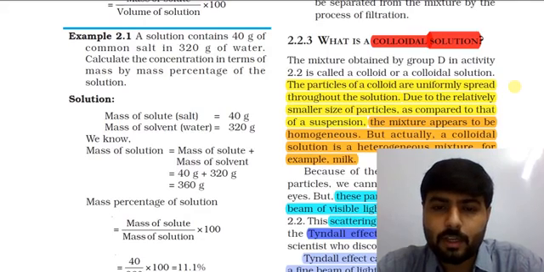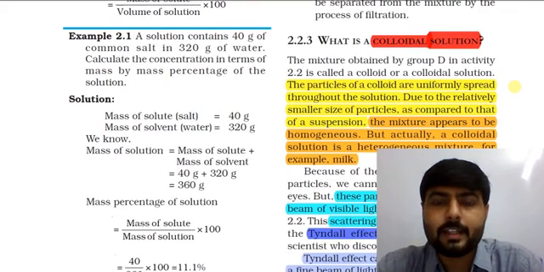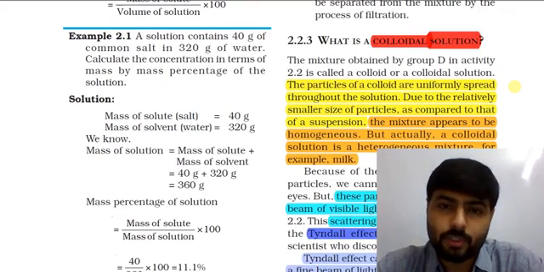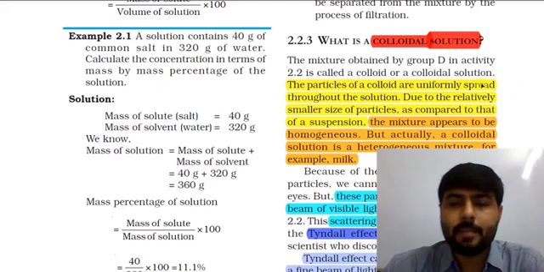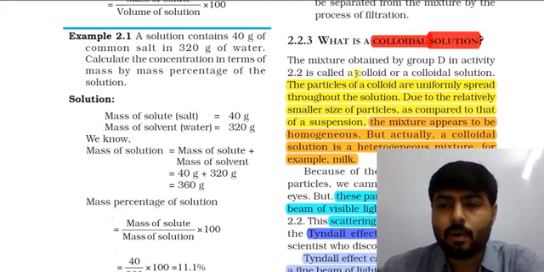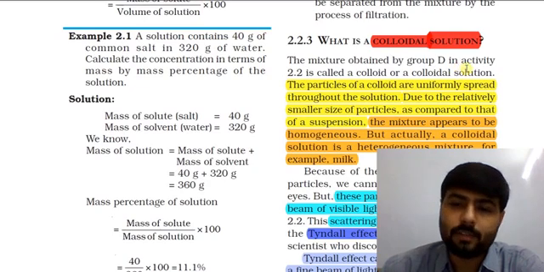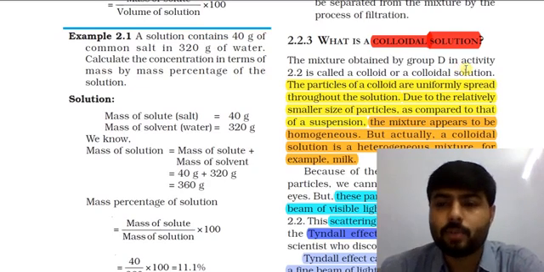So we have our topic of the day, that is 2.2.3, colloidal solution. Important topic, a little bit different from the other two topics. The mixture obtained by group D in activity 2.2 is called colloid or colloidal solution.